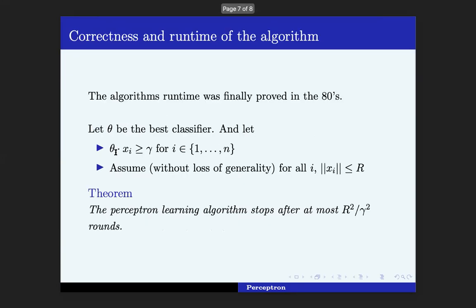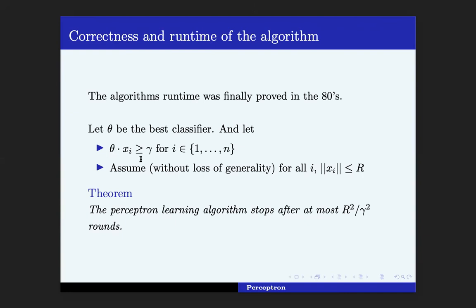What you're saying is that if you take the dot product with any of the xi's, all that we are guaranteeing is that the sign of theta dot xi equals yi. But I also say this cannot be too small.